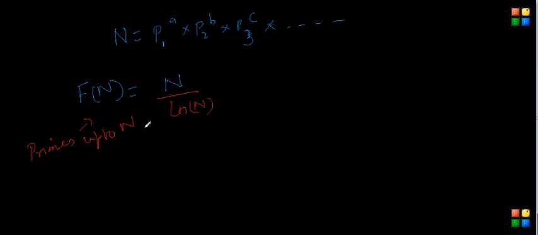So as n goes on increasing and becoming larger and larger, this value of f of n will almost be the same as the number of primes up to n.